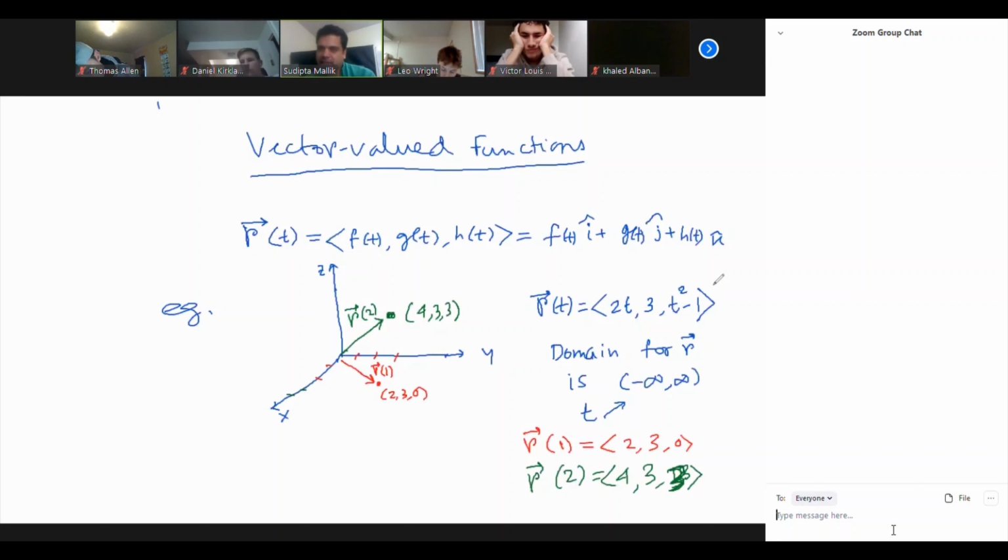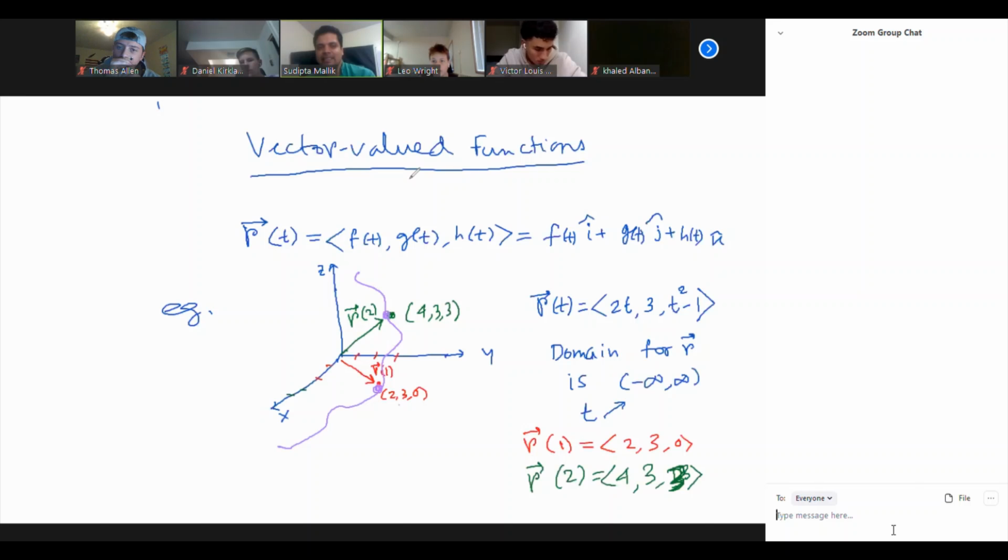So do you see that if you keep plugging in values of t, you are going to get some space curve like this, a curve in three-dimensional space. You get a point in this three-dimensional space for t equals 1. You get this point on the space curve, a 3D curve, for t equals 2.